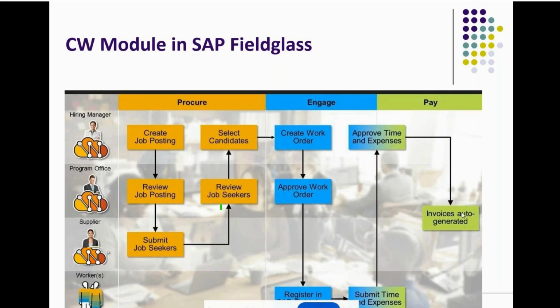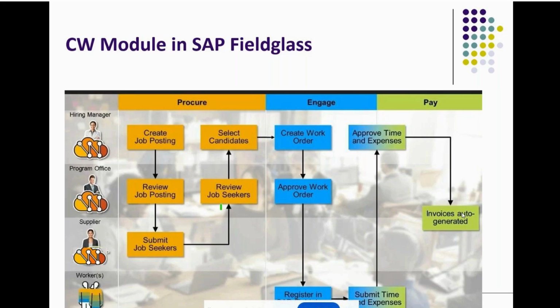Job seekers are the workers who will be working for the buyers, hiring managers, or that project. Those job seekers are reviewed and interviewed, and if there are multiple, they are compared and selected on the basis of their interview.